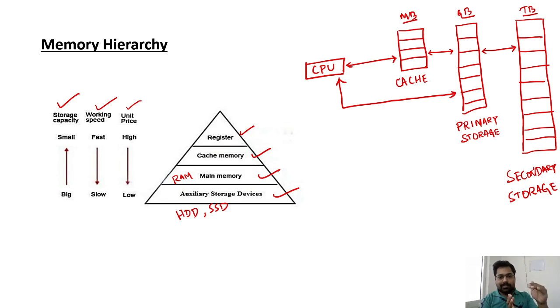Why? Because it is fastest in working speed. It will give the answer in nanoseconds, or maybe picoseconds, but RAM is comparatively slower.